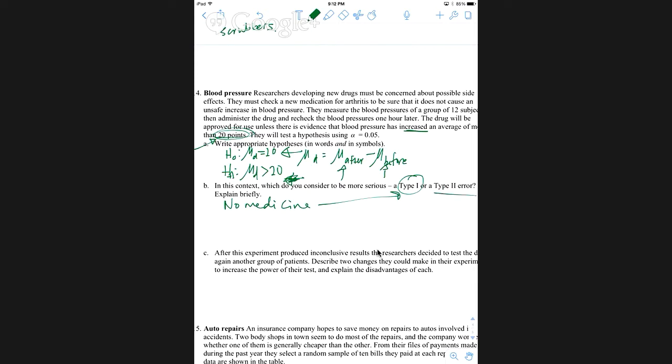Type 2 error would be the other way around. Type 2 error is that we would fail to reject the null hypothesis where it actually is false, meaning that what's really happening is that the blood pressure is increasing. So if the blood pressure is increasing and we're giving them the medicine, okay, we're giving medicine. I can't even spell medicine, guys.